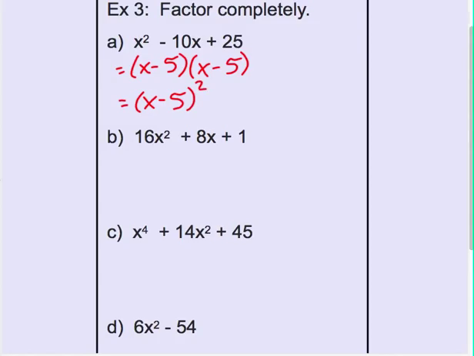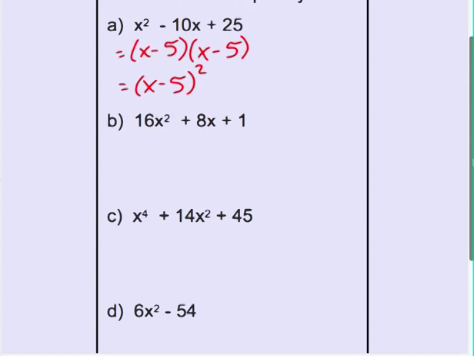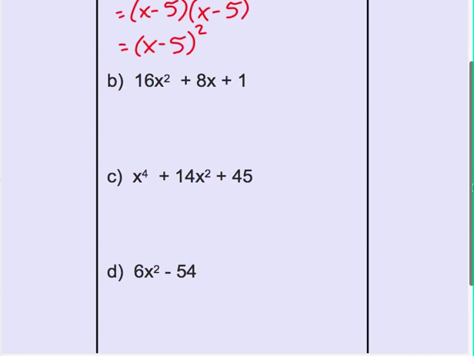Next example looks like an AC method, and it is. So what multiplies to 16 and adds to 8? Well, that would be 4 times 4 and 4 plus 4. So we can factor this one by grouping. So we've got 16x squared plus 4x plus 4x plus 1.